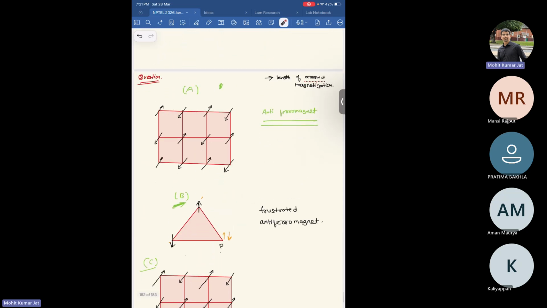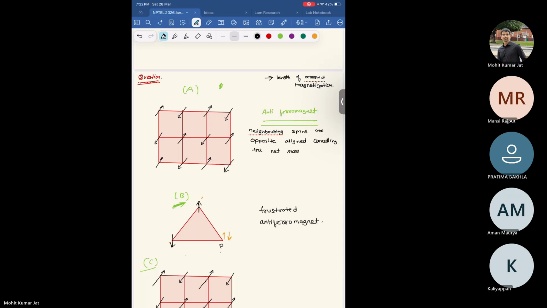And the first one is an antiferromagnet, of course, for the obvious reason that the neighboring spins are opposite, aligned, cancelling the net magnetic moment.